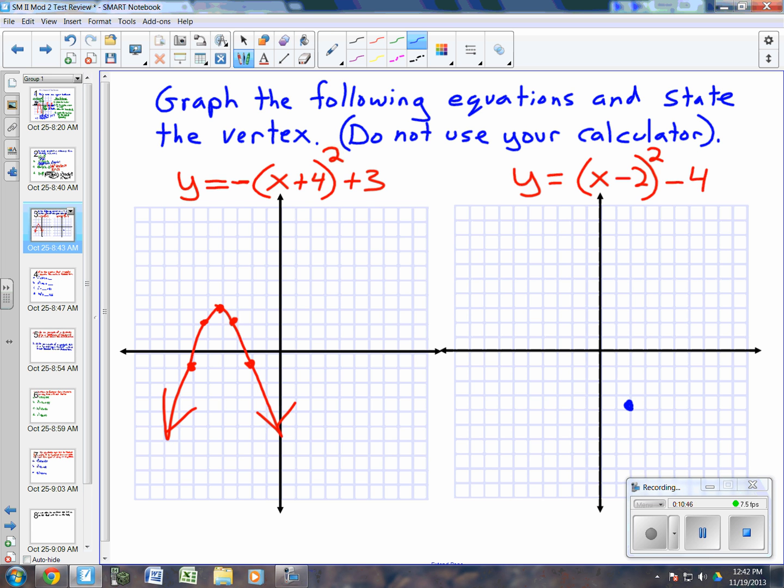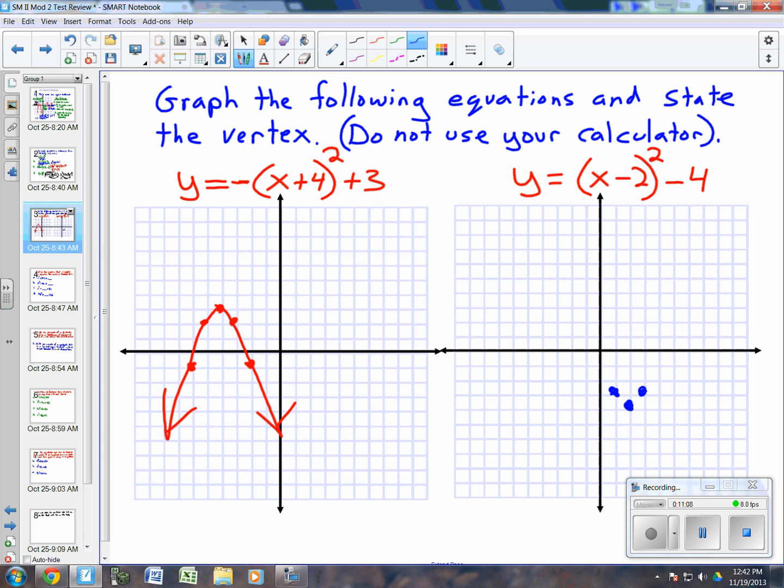Is that the vertex? You guys all agree? All right, go ahead. Okay.